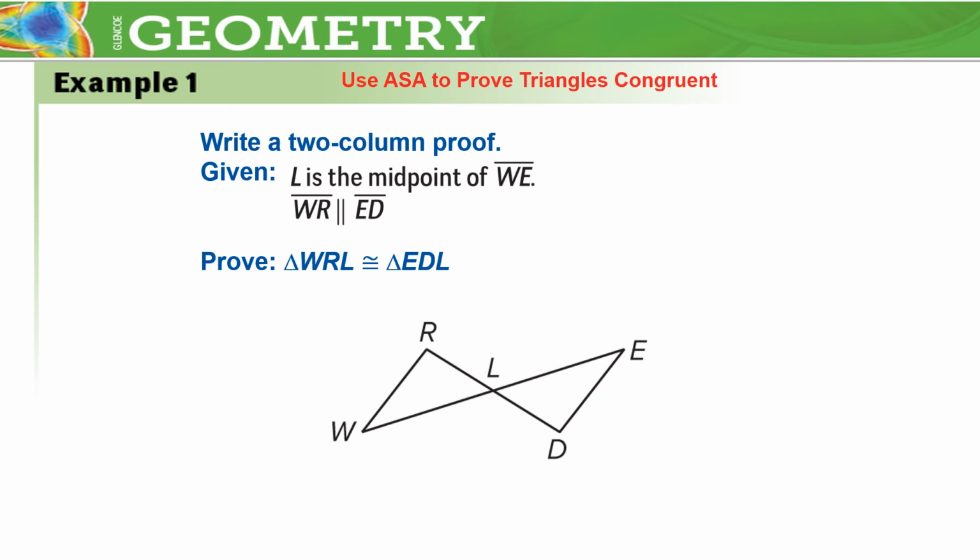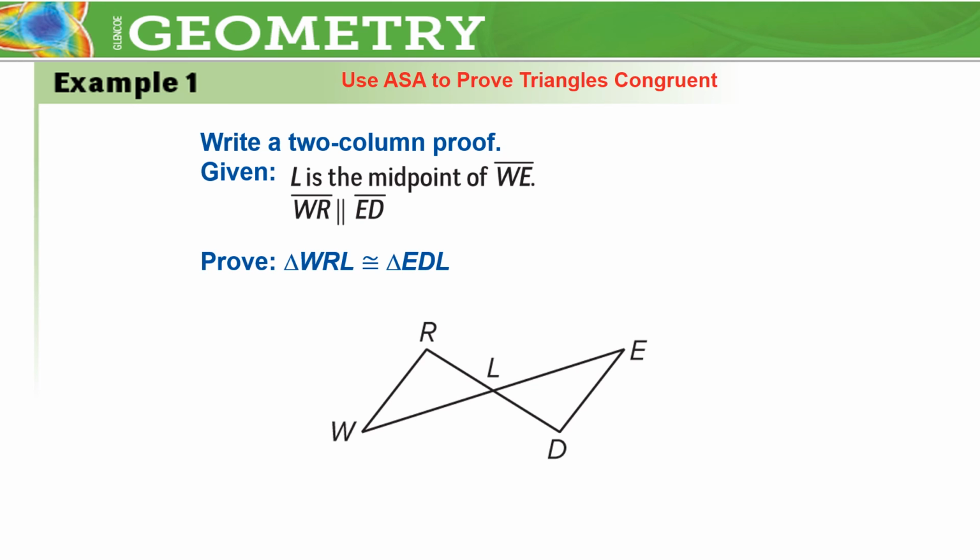When you have two parallel lines, this means you have to think about alternate angles, interior angles, corresponding angles. Here you have two alternate angles, this and this, two letter Z. Prove triangle WRL congruent to triangle EDL.